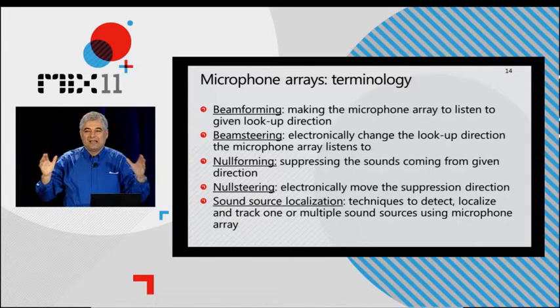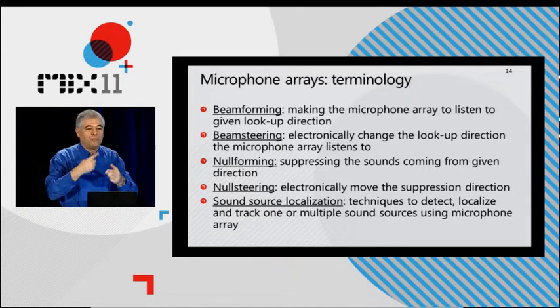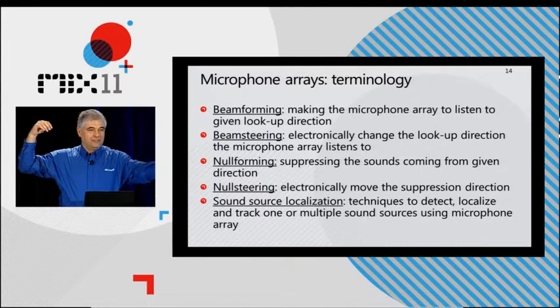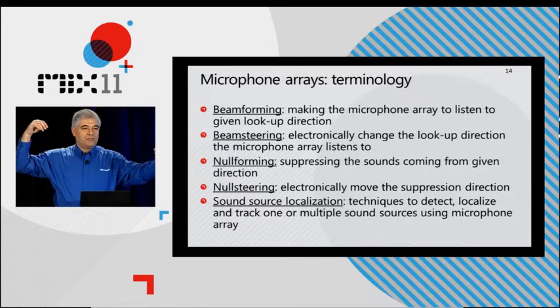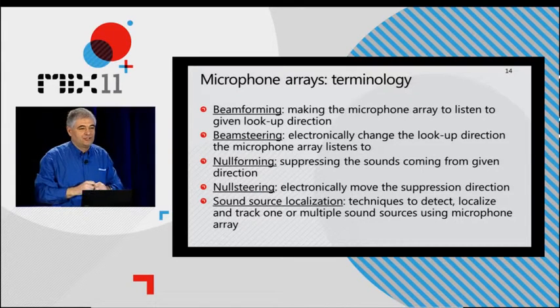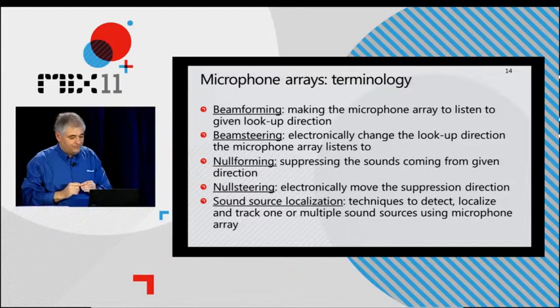So this is exactly what Kinect does, but completely automated. We have this directional microphone beam, and the sound source localizer tells us where the sound source is, and we steer the beam towards the direction we want to listen to.